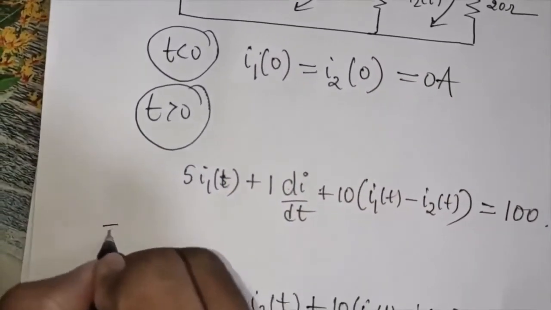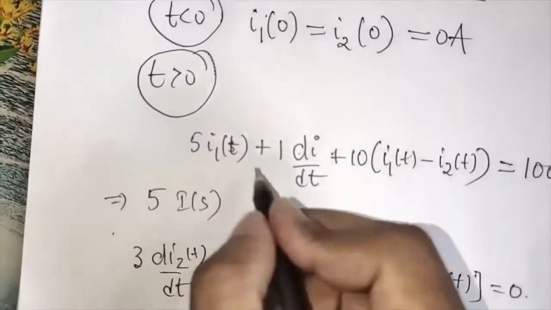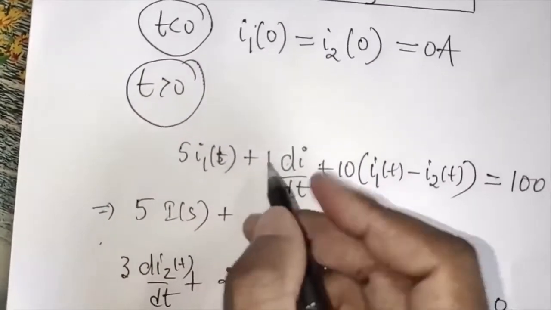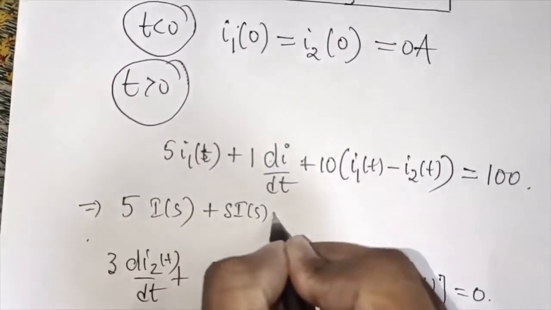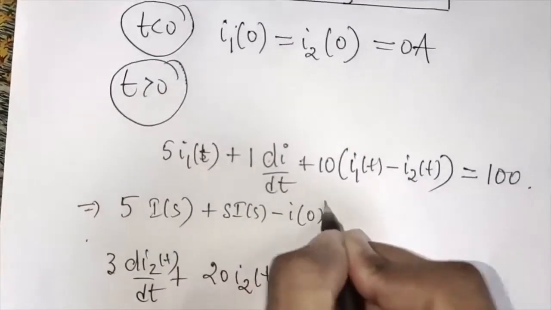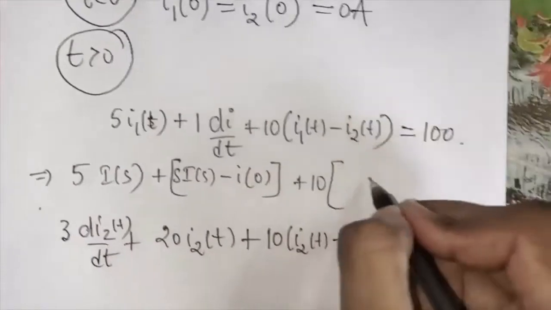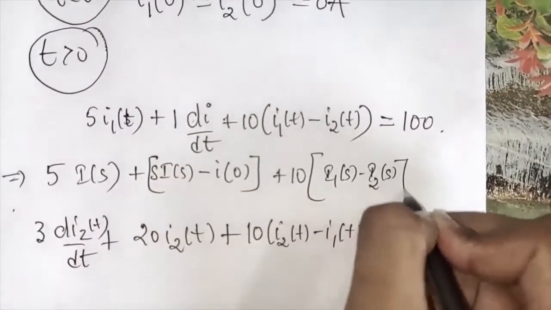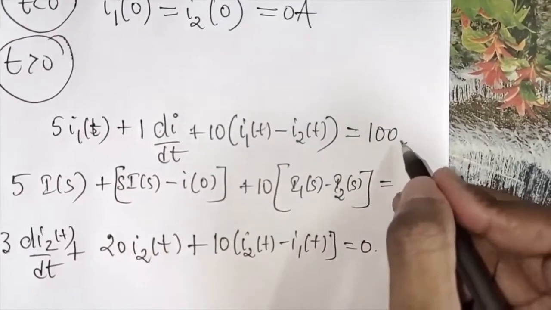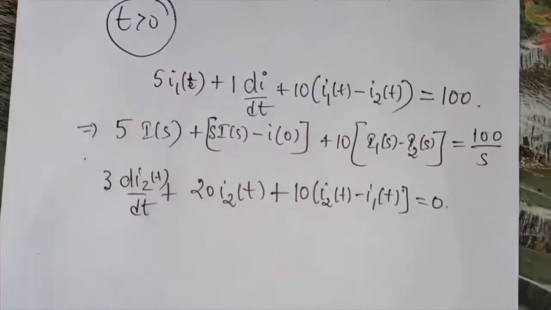When I apply the Laplace transform, this becomes 5 into I1 of s plus s into I1 of s minus I1 of 0 plus 10 into I1 of s minus I2 of s is equal to the Laplace transform of the constant, 100 by s. The initial value is 0.